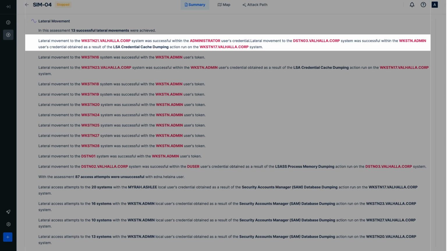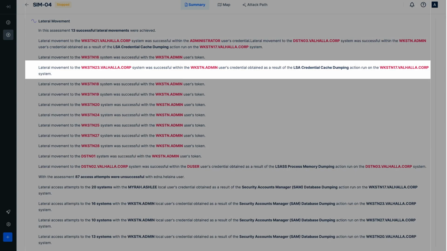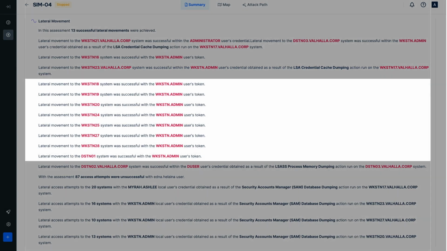If we examine these attempts, we can see that Picus APV retrieved the MS cache hash value for the Workstation admin user via the LSA credential cache dumping method in the Workstation 17 system. This hash value was used to access the Workstation 23 system after obtaining a clear text password using the password cracking feature. Using the same method, Picus APV was able to access 11 other systems via the Workstation admin's token.